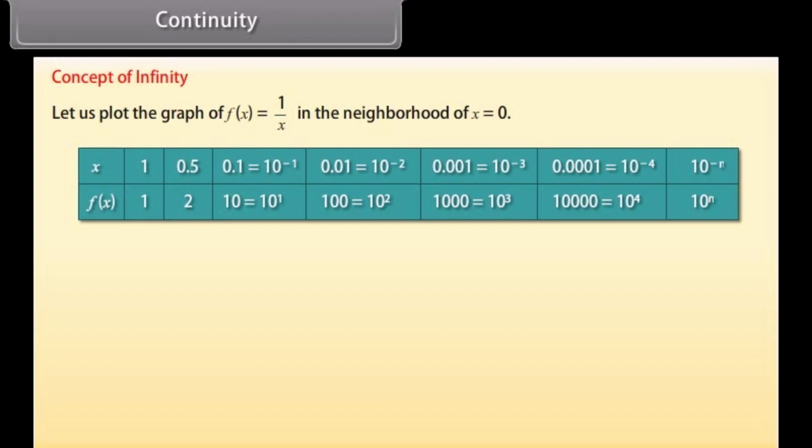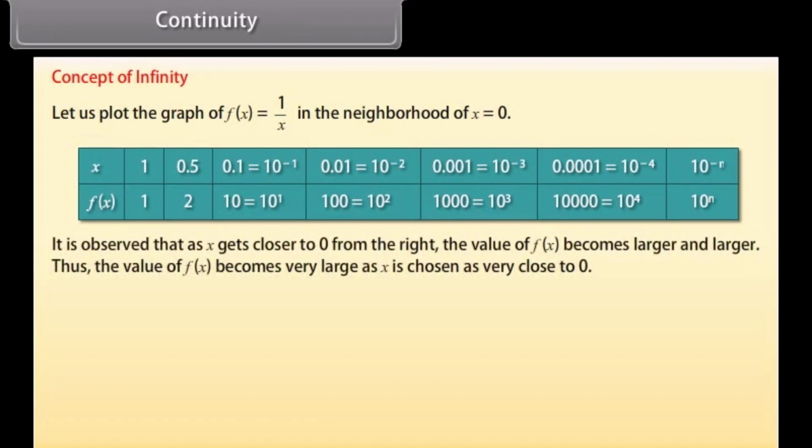For x equal to 0.1, f(x) is equal to 10. For x equal to 0.01, f(x) is equal to 100, and so on. It is observed that as x gets closer to 0 from the right, the value of f(x) becomes larger and larger. Thus, the value of f(x) becomes very large as x is chosen very close to 0.